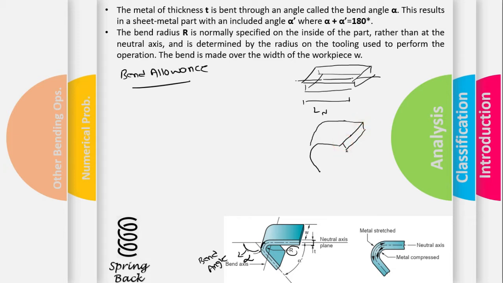If you bend the same sheet at a certain radius, let's say R, the neutral axis would be like this.